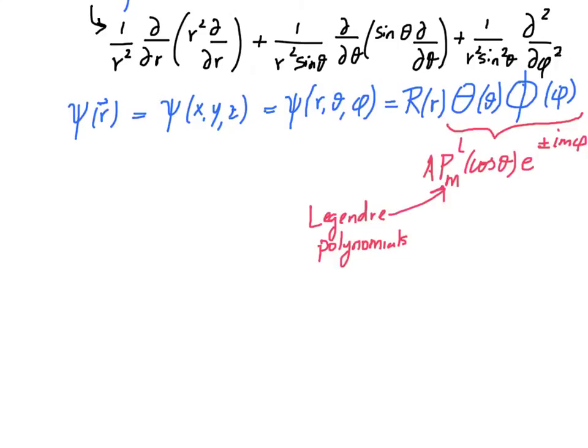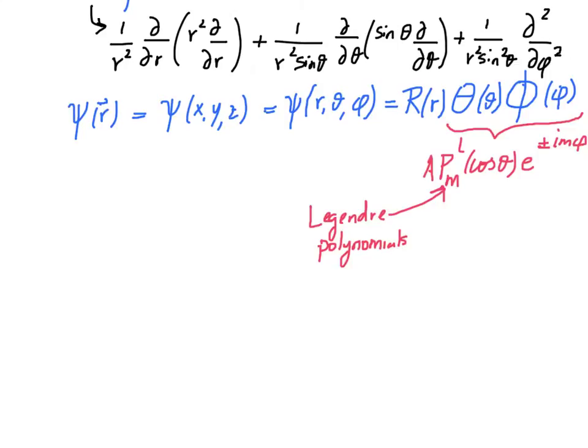The capital A is some constant, which we will worry about later, which can be set based on normalization. What is really important is the theta and the phi dependence. The capital P function is the Legendre polynomial, which is a function of cosine theta. And the phi dependence is contained in the last piece, e to the plus minus i m phi.